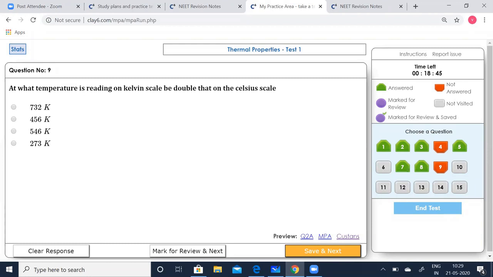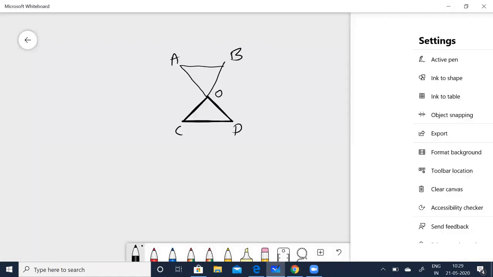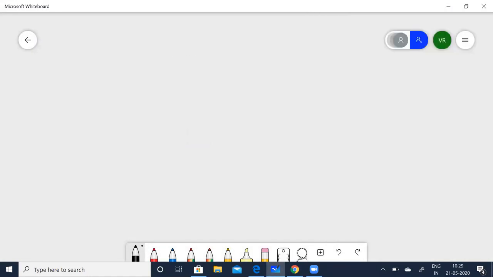At what temperature will the reading on the Kelvin scale be double that on the Celsius scale? This is pretty easy, children. You know, K minus 273 is equal to C, or you can put it as K is equal to C plus 273.